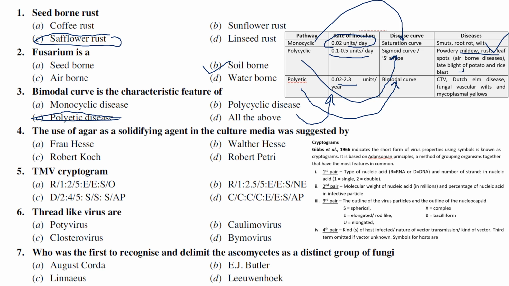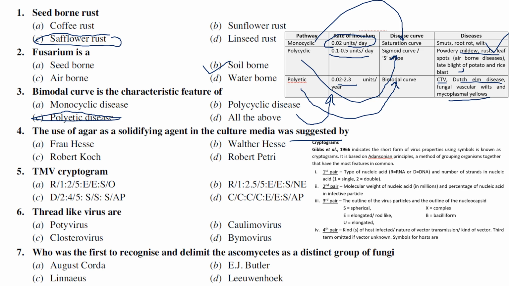When it comes to polyetic diseases, CTV, Citrus tristeza virus, Dutch elm disease, fungal vascular wilts, and mycoplasmal yellows are examples of polyetic diseases.